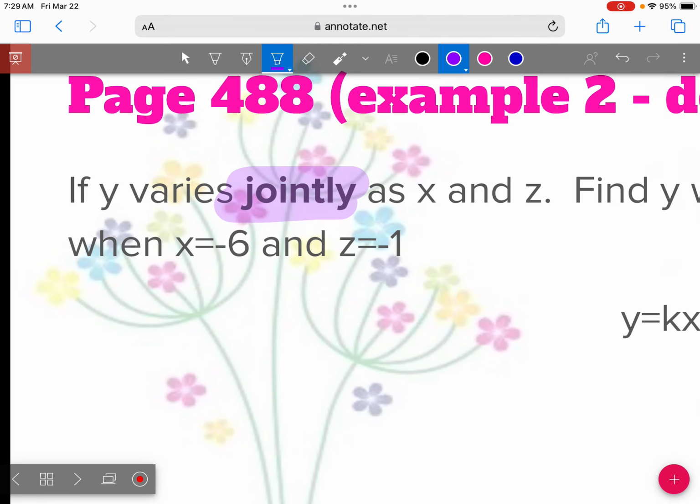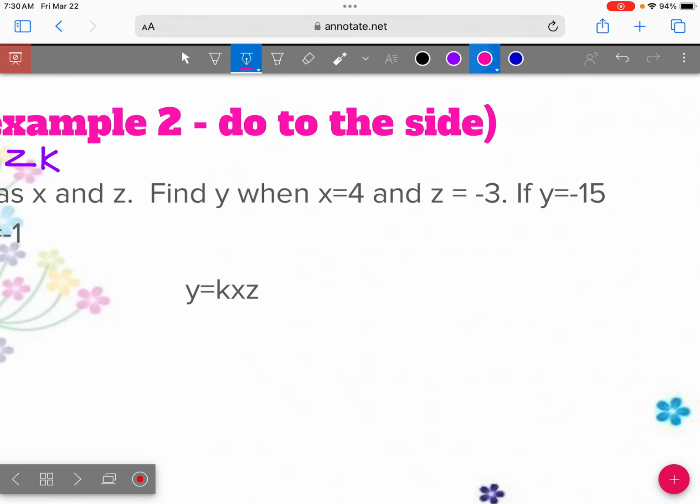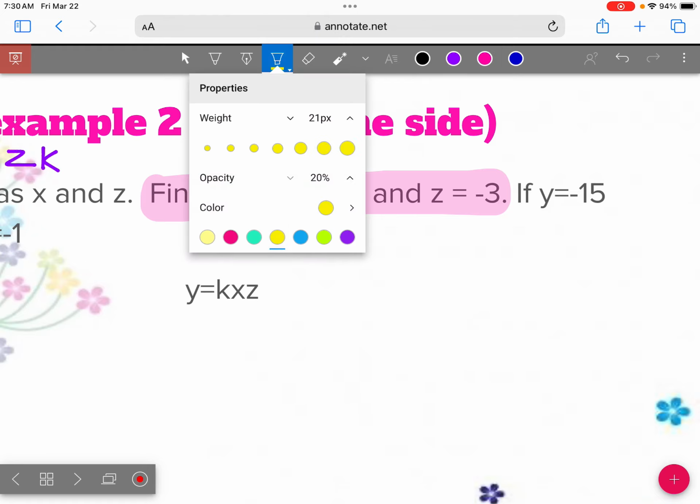Since it says it varies jointly, that means y is on one side as these guys are joined together, x, z, and some other number: kxz or xzk, it doesn't matter what order it's in. Then they tell us our goal is to eventually find y when x and z are these values. So that's our goal, is to get there.